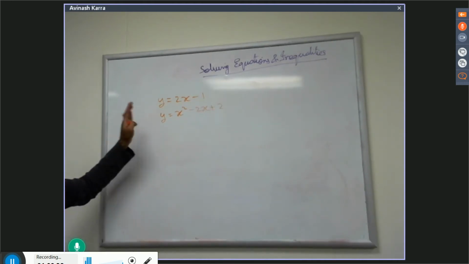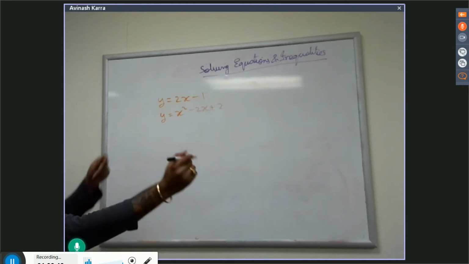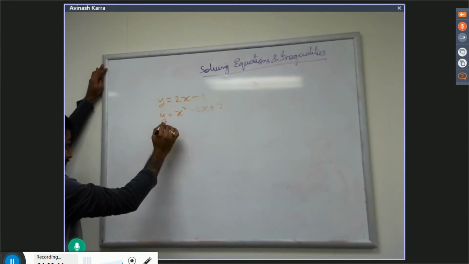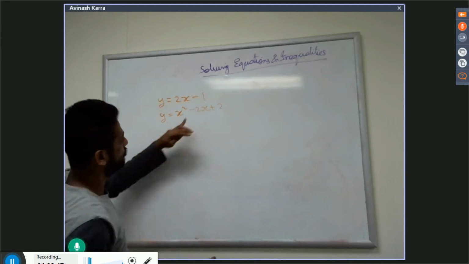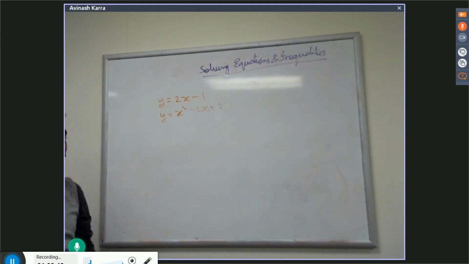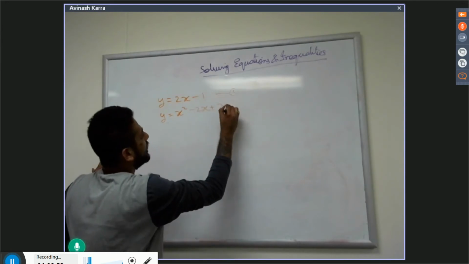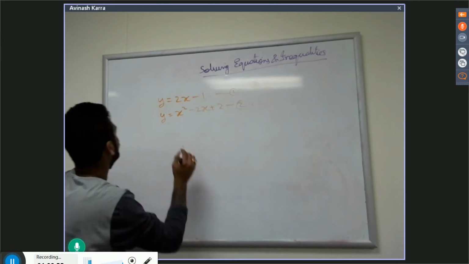I want everyone to listen to this carefully. There are two equations given: y is equal to 2x minus 1 and y is equal to x squared minus 2x plus 2. And they asked to solve this. Let me take this as equation 1 and this as equation 2. Okay?